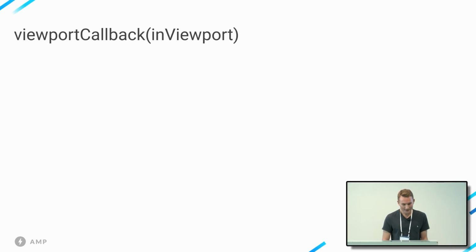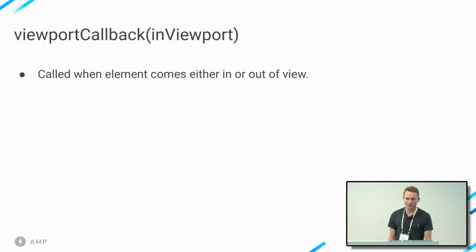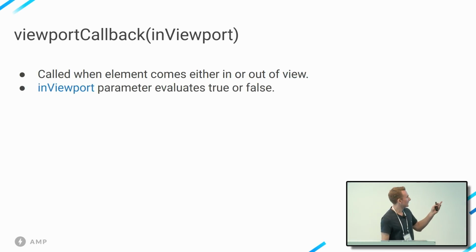Okay, and then finally, the viewport callback. This is called when a component goes in or out of view on the page. The in viewport parameter is a Boolean, which should be either true or false. If it's true, the component's going into view in the page. If it's false, it's going out of view.